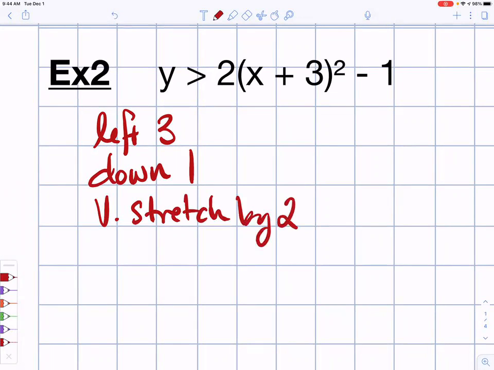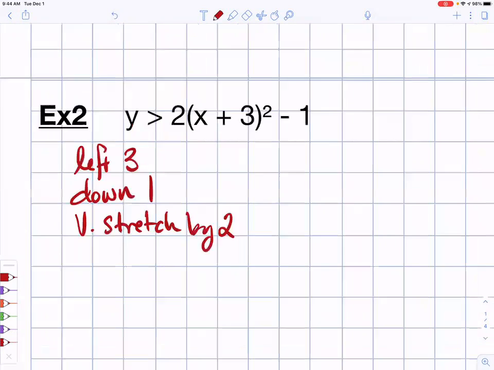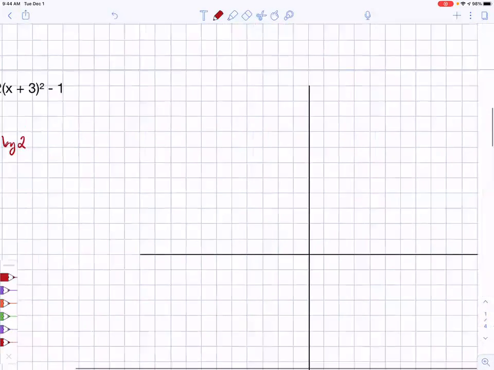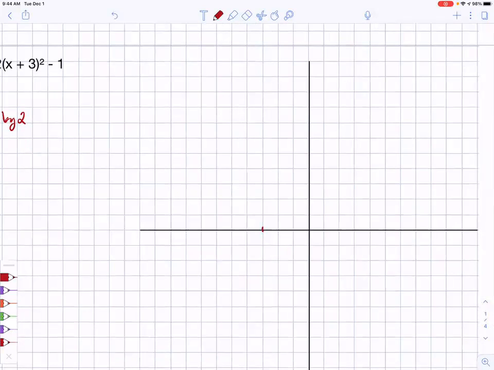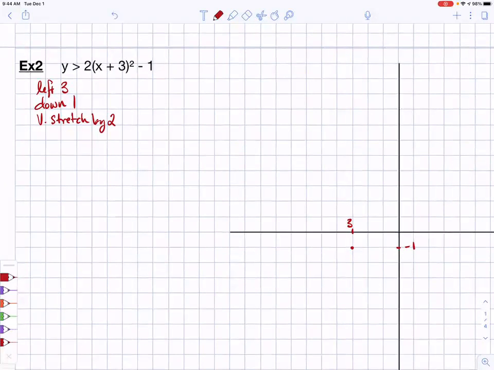Okay, so then let's put all of this on our graph. Left 3, down 1. So let's do that first. Left 3, down 1. So here's my new vertex. Can I see how much you remember from chapter 3?